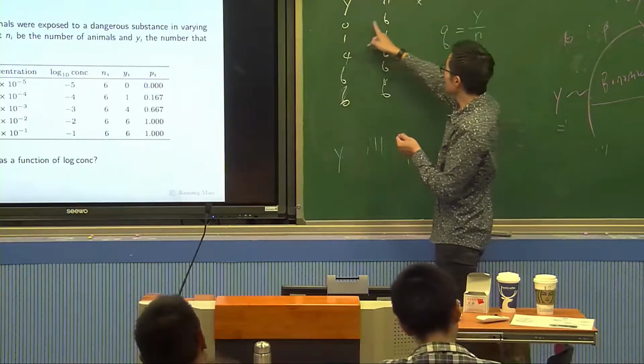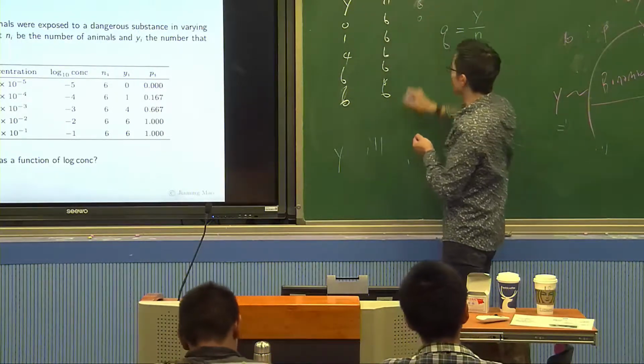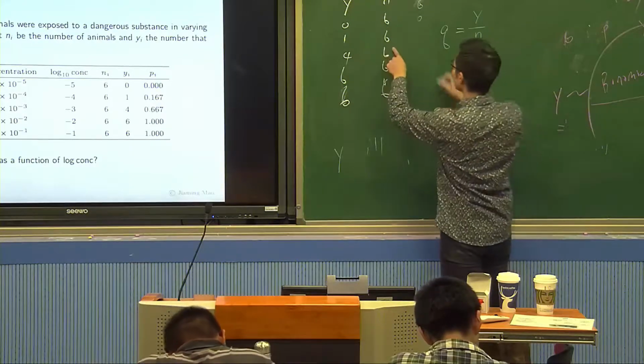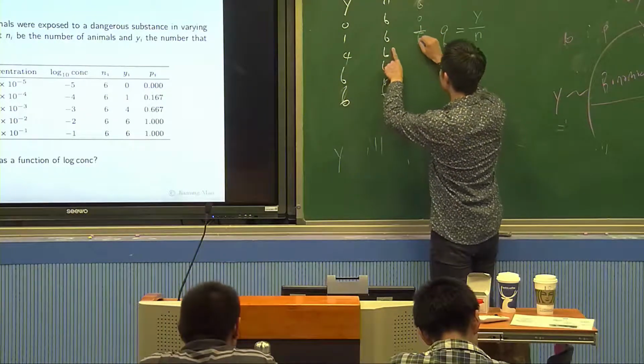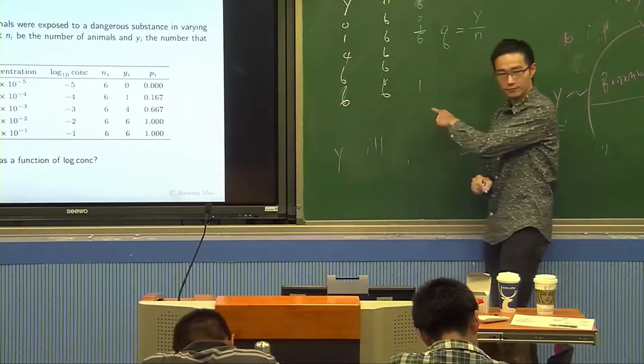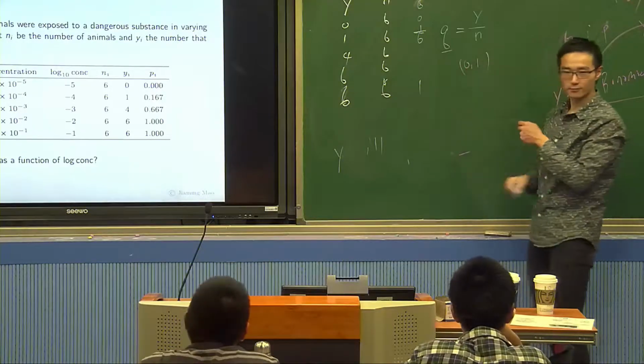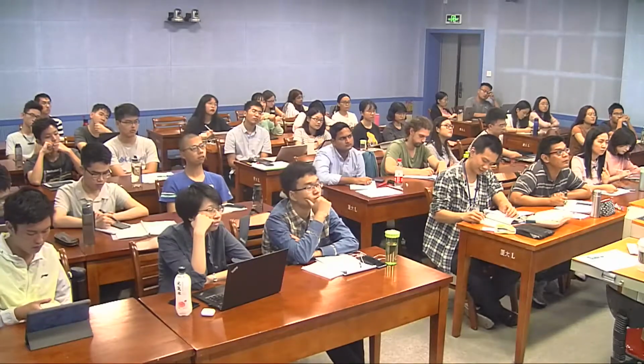So for example, here q is 0 because nobody died. Here it's 1 over 6. That's observed, the percentage that died. Here it's 1 because everybody died. So q is a variable that is between 0 and 1, right? Now, can I do q equal to beta x?